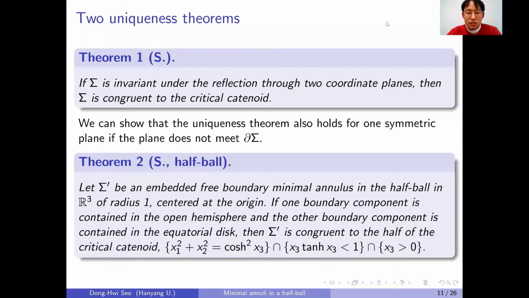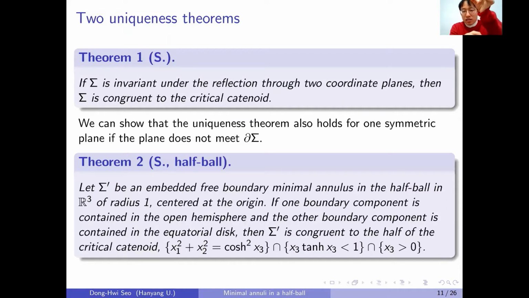Actually, the number of reflection coordinate planes is reduced by 1 compared to the previous result. And also we can reduce one more reflection coordinate plane if a given reflection coordinate plane does not meet the boundary.